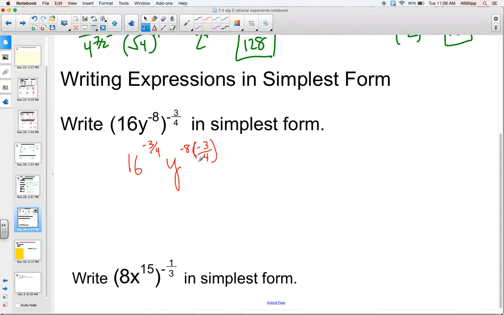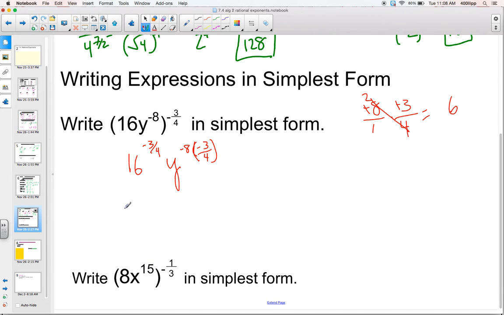Okay, so for this one here, we have to multiply these exponents out. So if I have a negative 8, I'm going to write that as a negative 8 over 1 times negative 3 over 4. Okay, we can simplify this. A negative times a negative is a positive. 8 over 4 is a 2. So those will cancel and that will become a 2. 2 times 3 is a 6.